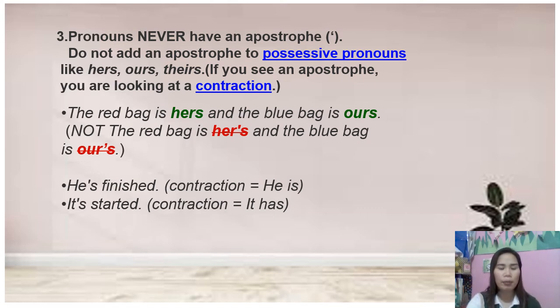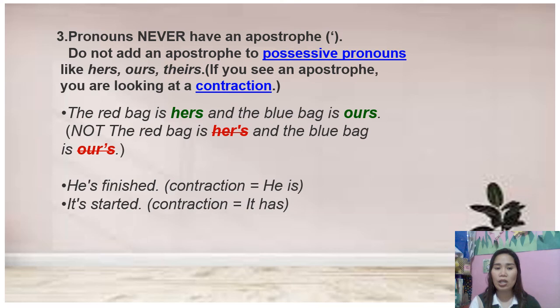So like for example, he's finished. So the word he's here is not a possessive pronoun, but it is a contraction, he and is. Okay? It's started.